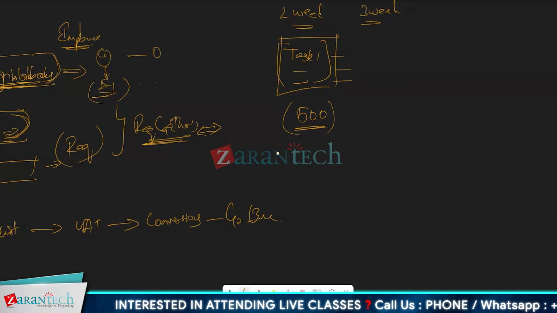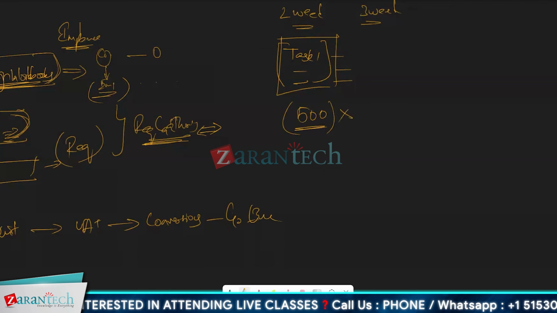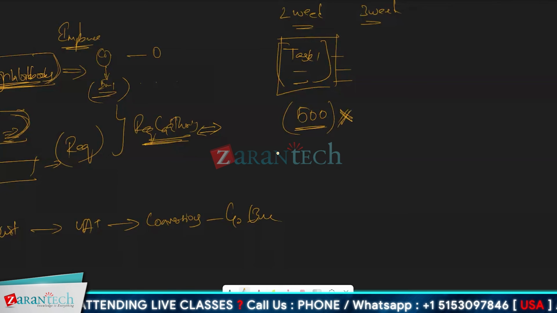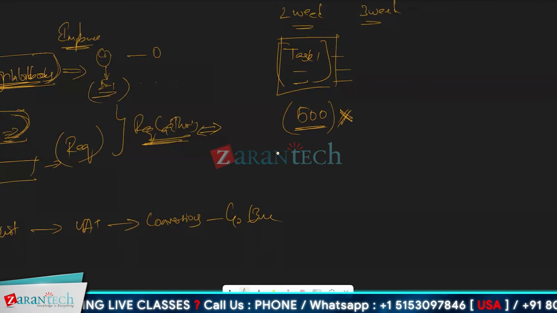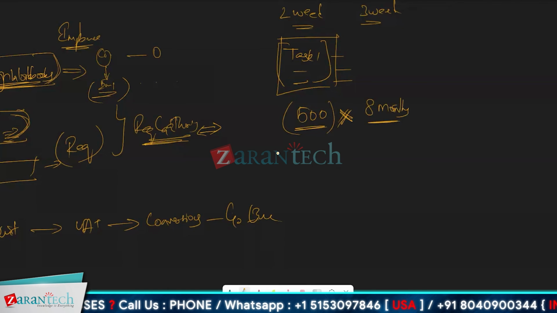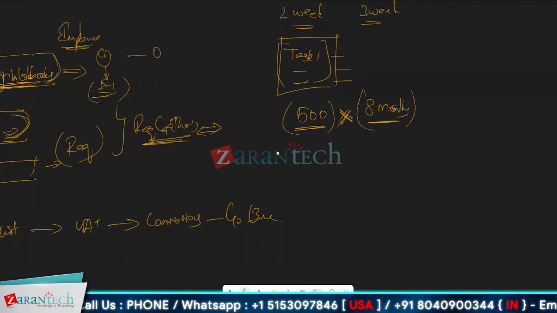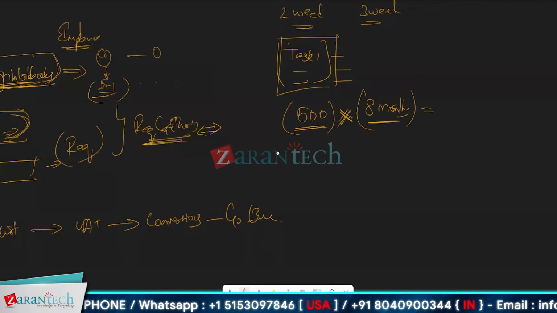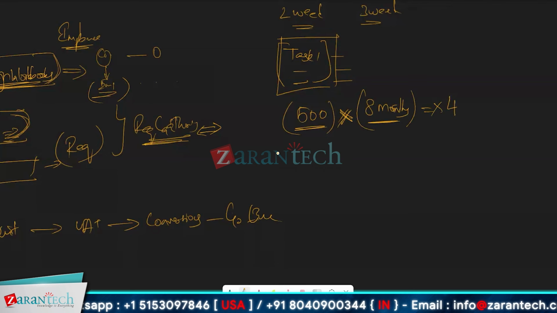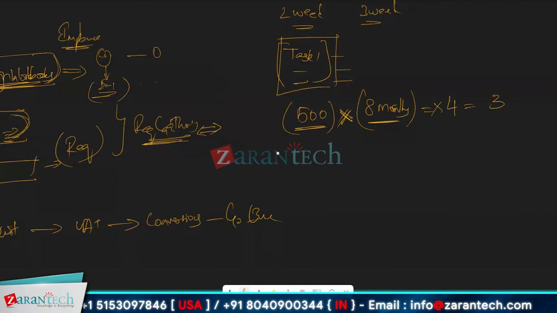Now these 500 tasks will be estimated: to complete them, how much time do you need? Do you need 7 months or 8 months just to complete the configuration? Okay, let's suppose you have 8 months. 8 months will be divided into weeks. So let's say each month has four weeks. So 8 into 4 is equal to 32 weeks.